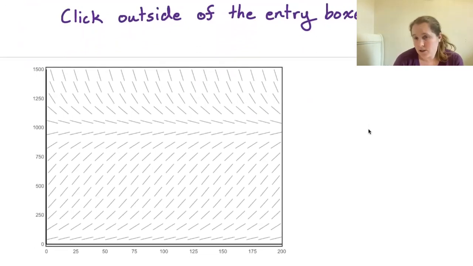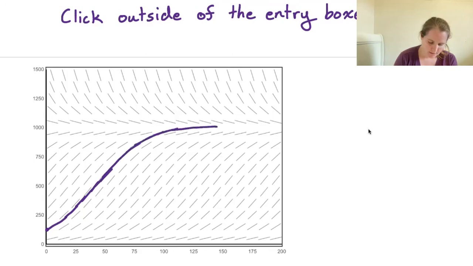So we can kind of sketch solution curves easily if we want. So I can see that if I start sort of close to 0, I'm going to go up and sort of stay at a fairly constant rate and then level off and seem to flatten out.